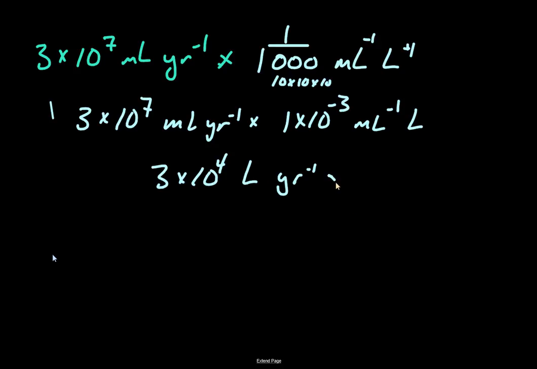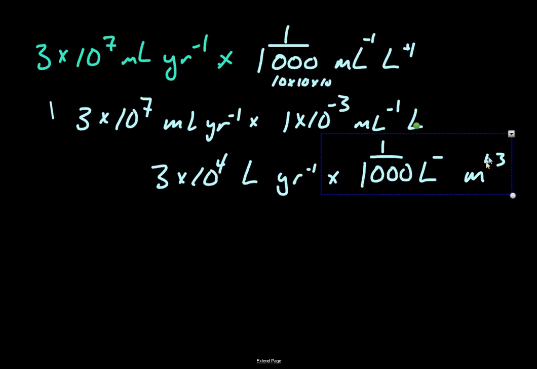Okay, and we have to do one more thing, right? We have to go from liters to cubic meters. Okay, and we know that there's 1,000 liters in every cubic meter. We do the same thing, right? Okay, like that. So 3 times 10 to the 1 then, meters cubed per year.